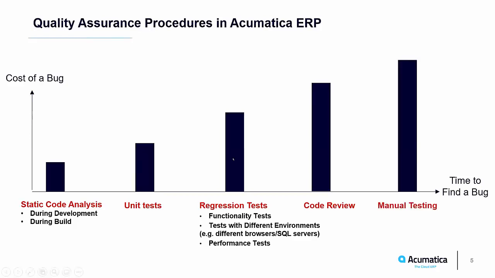And the final step in that process is manual acceptance testing. For each new feature, we have manual acceptance testing implemented in Acumatica. So a QA analyst or business analyst takes the build and manually tests the scenarios that were implemented.